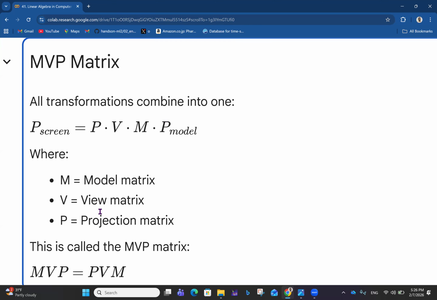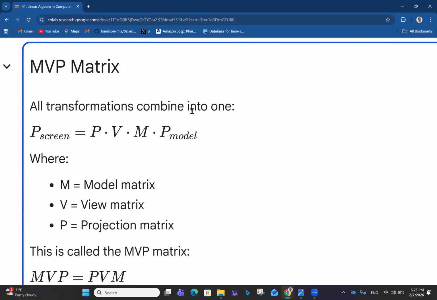And then you have the MVP matrix now, where all transformations combine into one. Everything you've been doing, at the end of the day, is happening together. So what you have on the screen is the final P. P is the projection matrix multiplied by the view matrix multiplied by the model matrix, and then the original point.